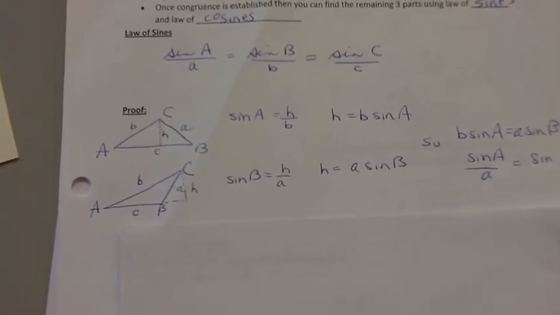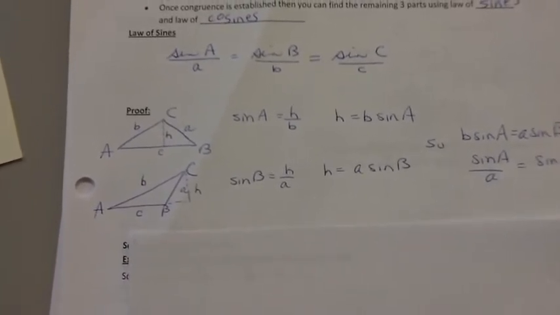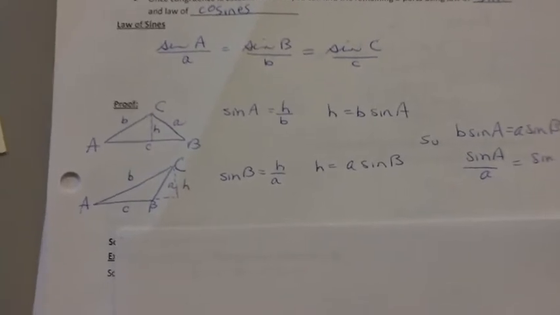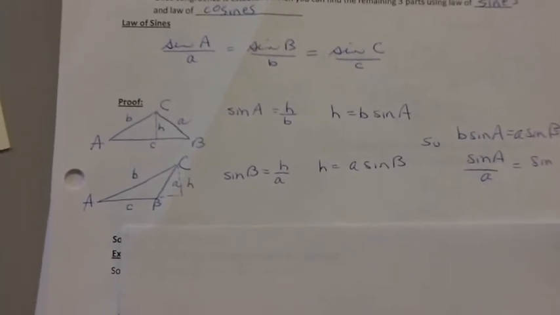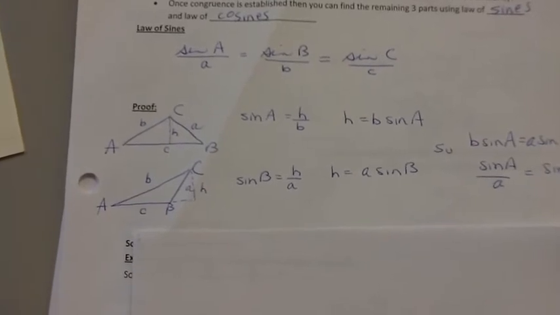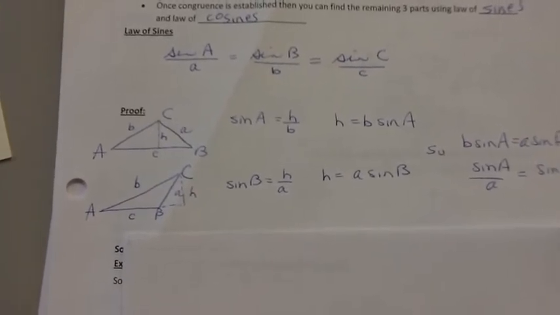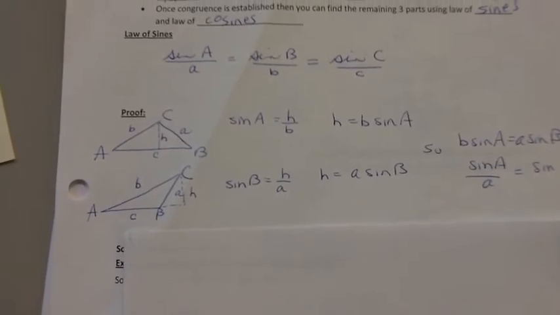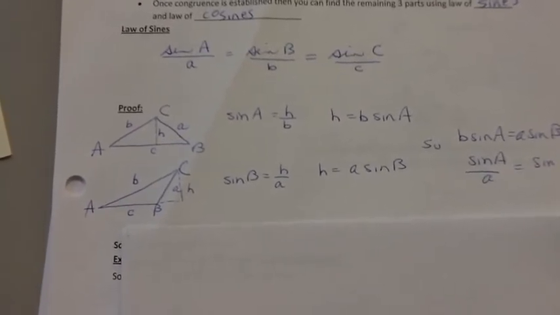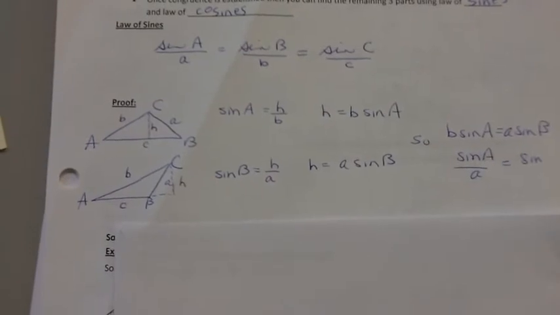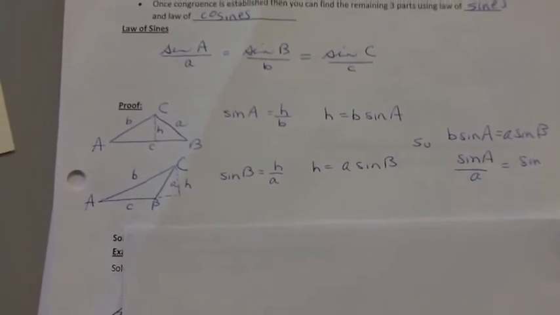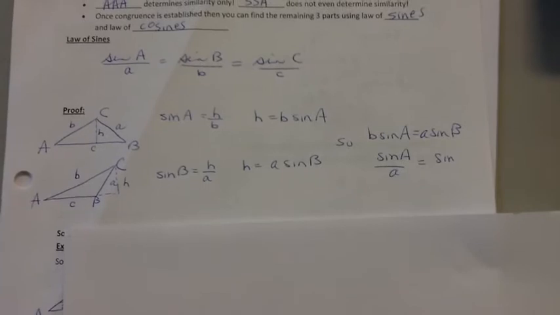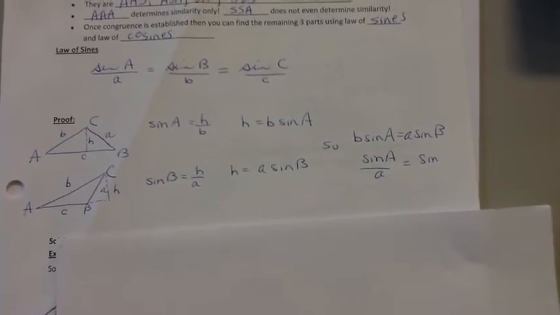Now, I have this triangle here, because I could have an acute triangle, or I can have one where angle B is obtuse, which is greater than 90. And I drop a perpendicular from C down there, that's h, and sine of B is going to be h over a, and I solve for h, which is a sine B. And since the h's are equal, I can put b sine A equals a sine B, and then I can actually solve, which I did not do yet.